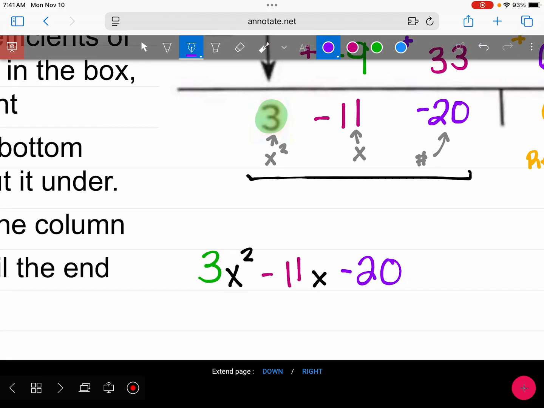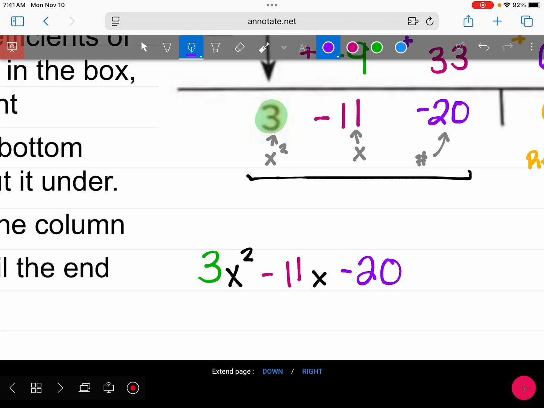This is what we get when we divide 3x cubed minus 2x squared minus 53x minus 60 by x plus 3. That is our result. If we want to check it, we could always take this trinomial that we got as our answer times what we divided by, x plus 3, and we will get exactly what we started with.